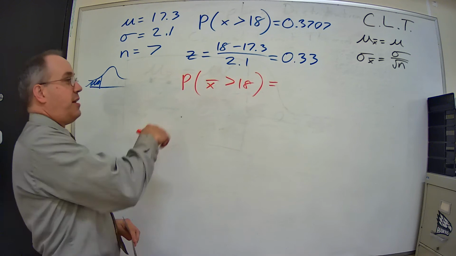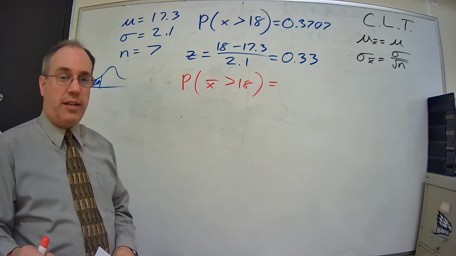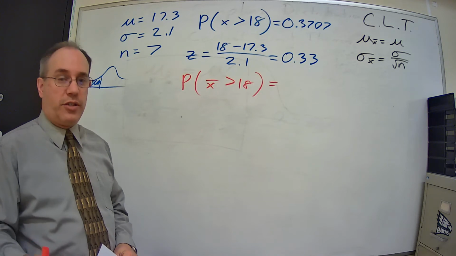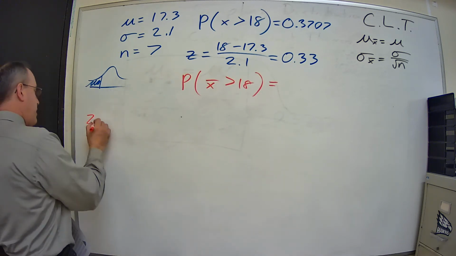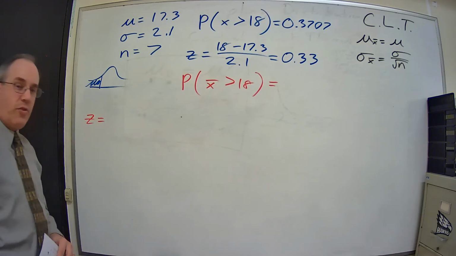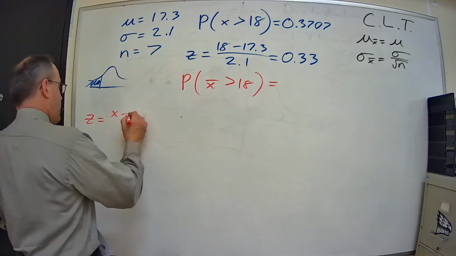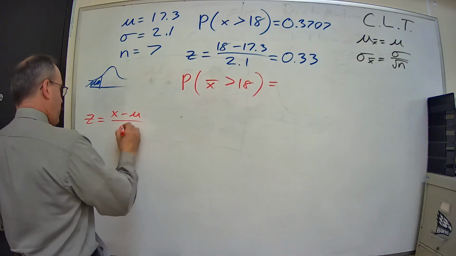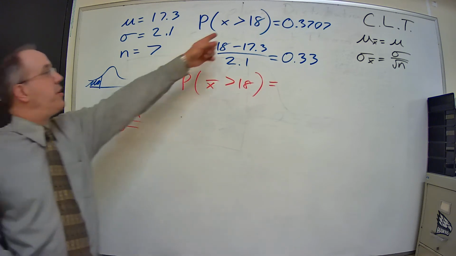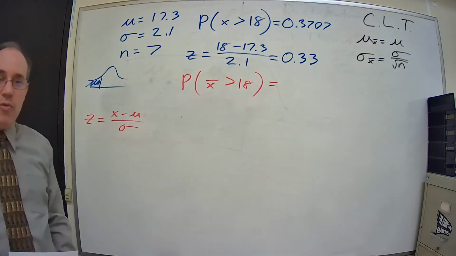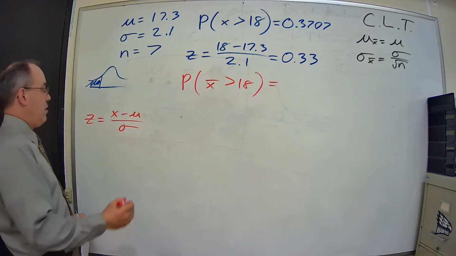We want to find a z-score, but now we're working with a slightly different calculation. So let me come over to this side and say, if I want to find the z-score, we were looking at x minus mu over sigma. That's our z-score for a single item. But now we're dealing with a sample.